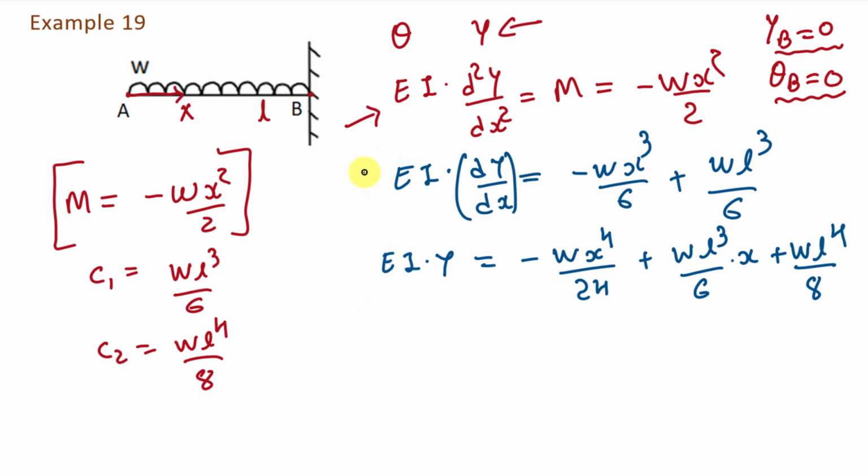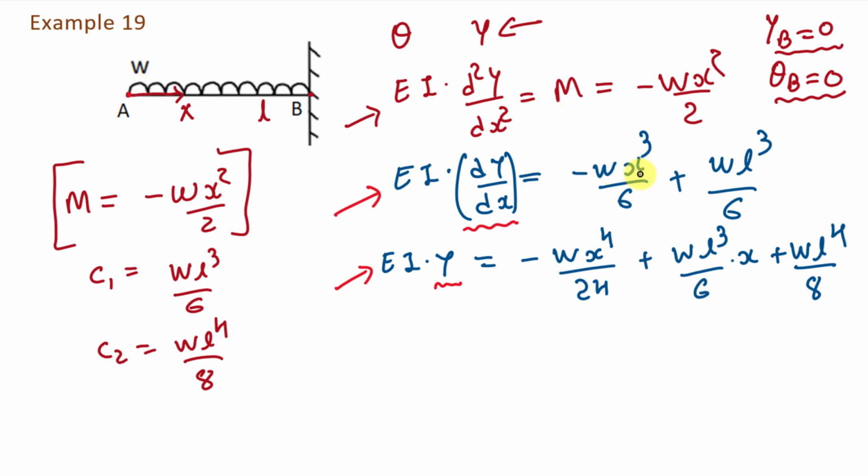So now we have these two equations. By using them we can find the value of slope, that is dy/dx, and the value of deflection, that is y. Let's say we want to find the deflection at point A, where the slope and deflection will be maximum. For that we will put x is equal to 0.